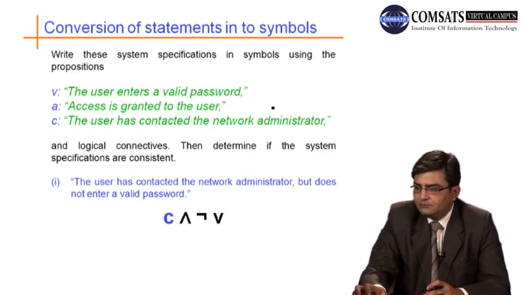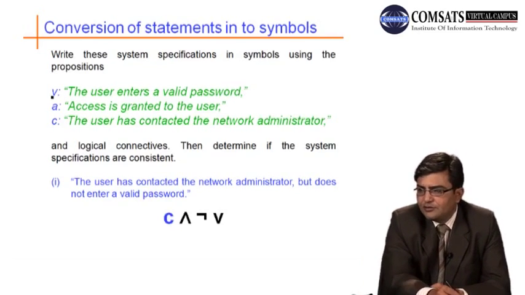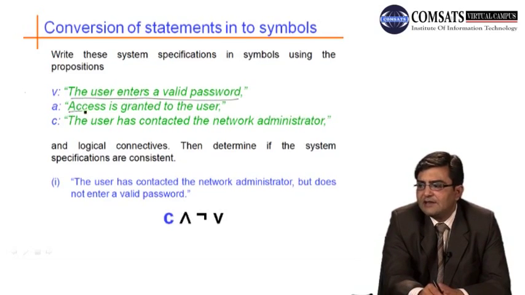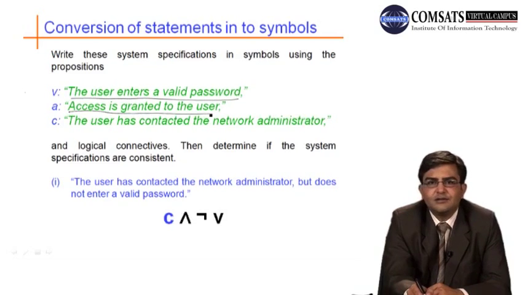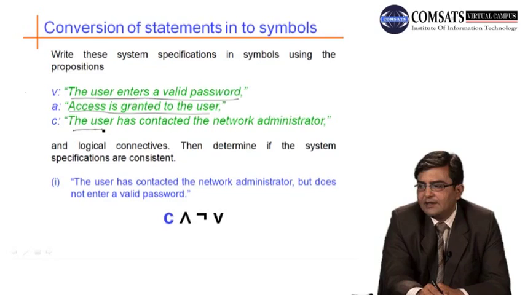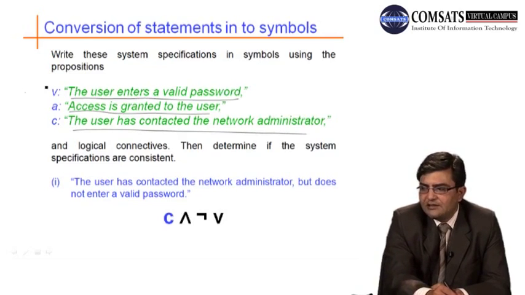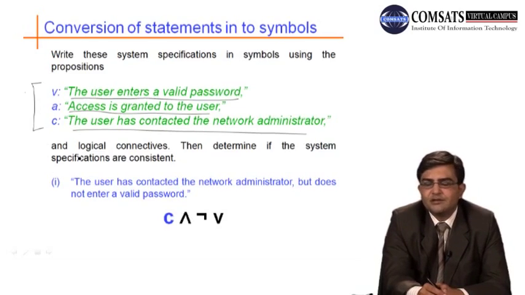If we have these three propositions, suppose V is a proposition, the user enters a valid password, A is access is granted to the user, and C is the user has contacted the network administrator. So by using these three propositions, we shall write some statements into symbol forms.